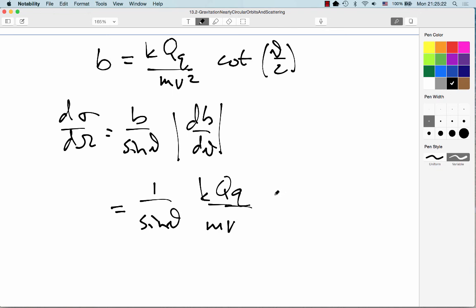So we have cotangent theta over 2, and then I have to differentiate, so I pick up a whole nother kqq over mv squared, and I have to differentiate that.